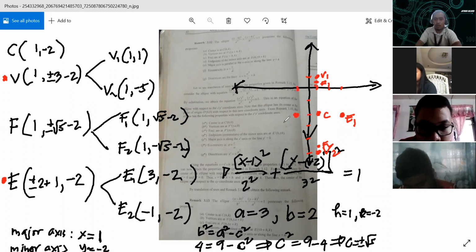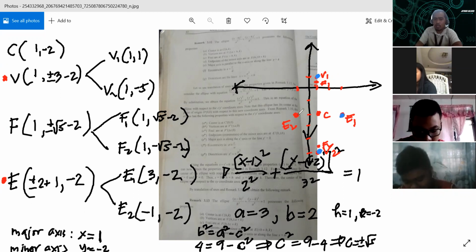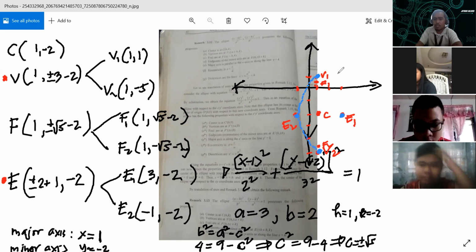So, it is somewhere here. Extremity 2. So, if you will plot your ellipse, it must pass through your vertex 1 and vertex 2, as well as through your extremities. So it will look like this. Okay? You get it, class?